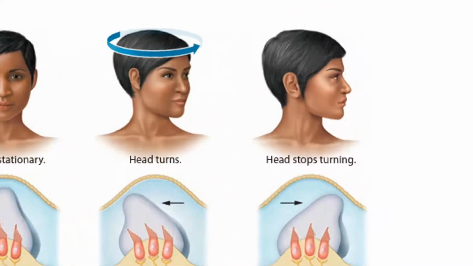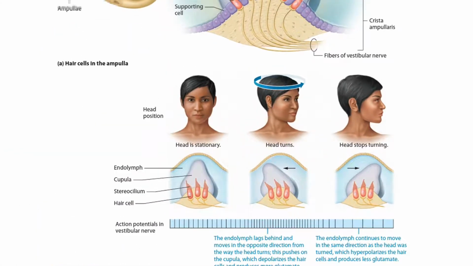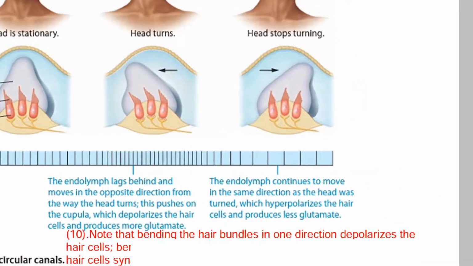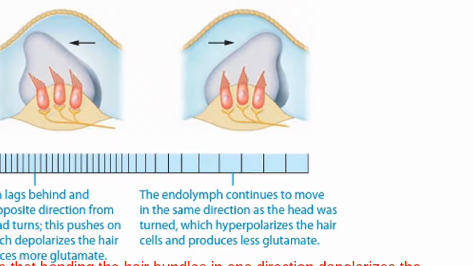And here, when the head stops turning, the endolymph still continues to move in the same direction as the head was turned, which hyperpolarizes the hair cell.